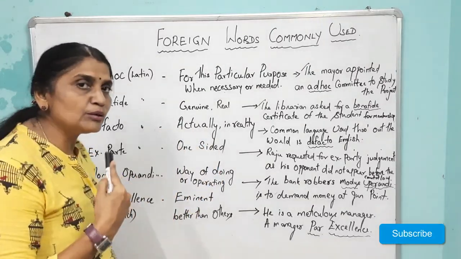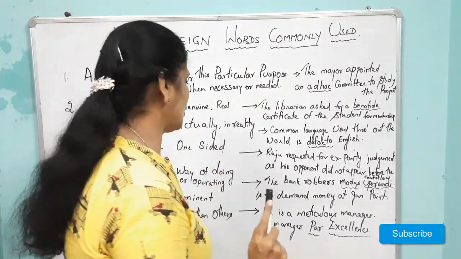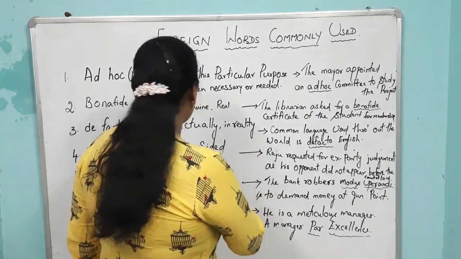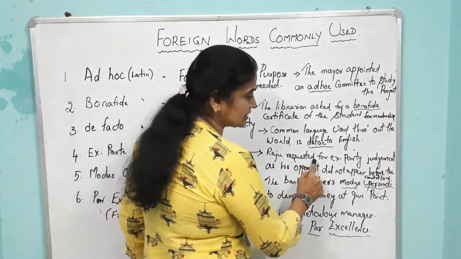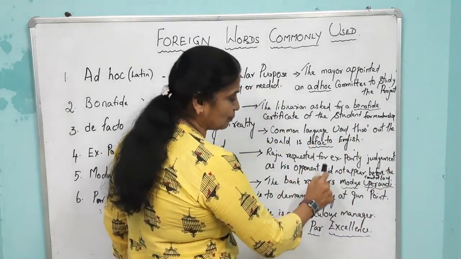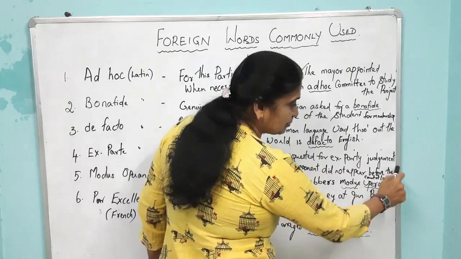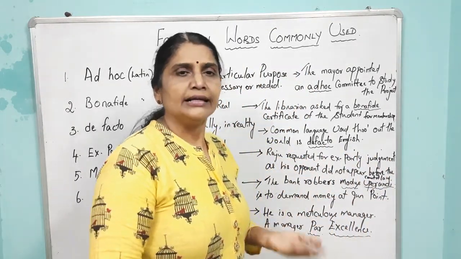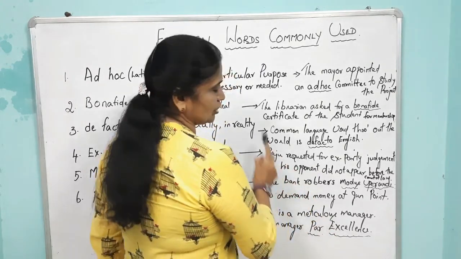I think that example I gave you is sufficient and it's clear. Now the example we have written here is: Raju requested for ex parte judgment as his opponent did not appear before the court of law. So he has filed a case, who? Mr. Raju.